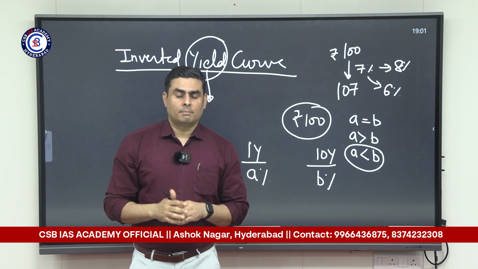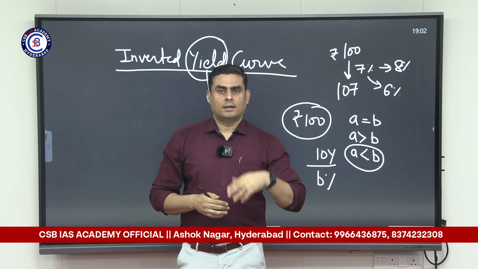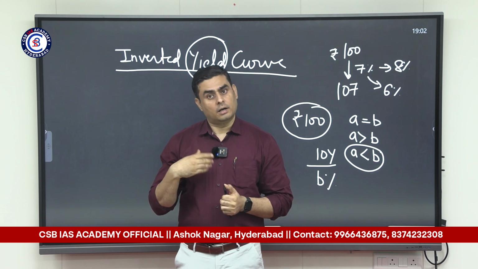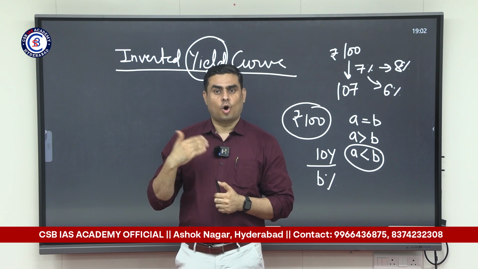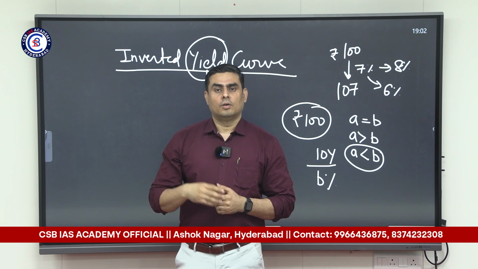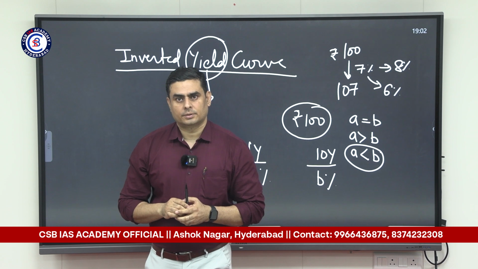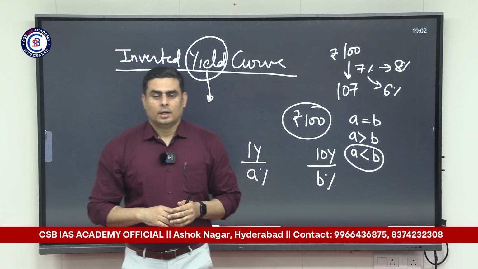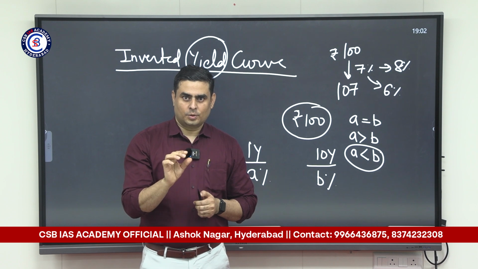So in the longer run, the bank has more flexibility to invest that money at different places and can earn more. That is why generally banks offer higher interest rates for longer durations in comparison to short-term deposits.